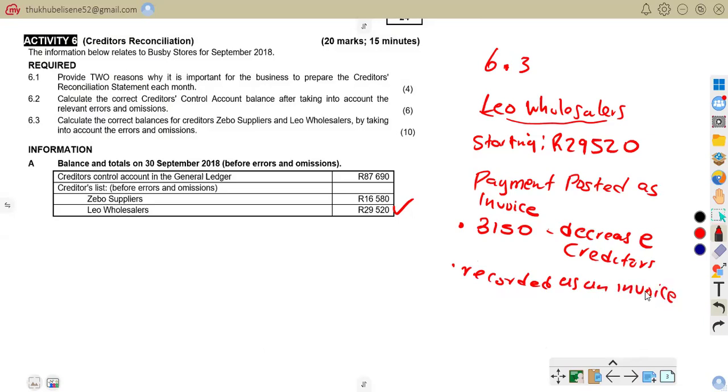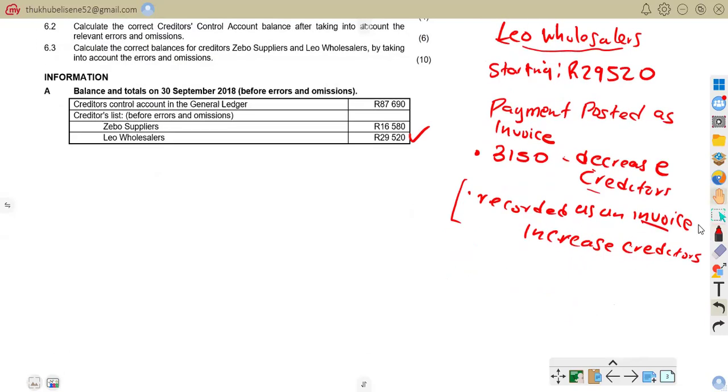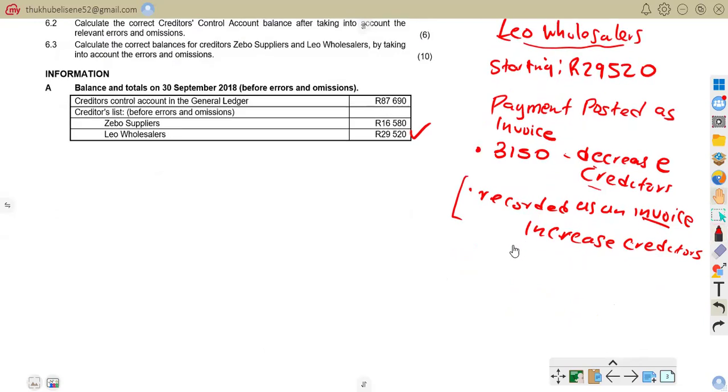So once it's recorded as an invoice, it means it's going to increase creditors. So this is wrong. We are saying it was supposed to decrease the creditors, but it was now recorded as an invoice. So it means now it increases our creditors. And we are saying this is wrong.